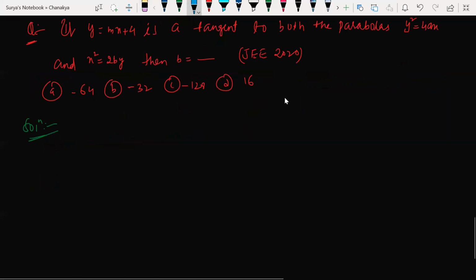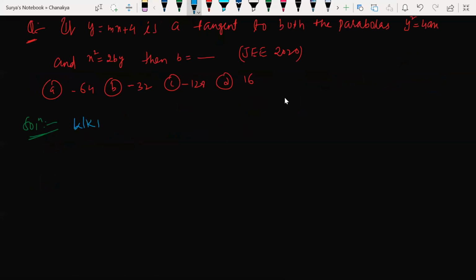Look, we know that he is talking about tangent. The equation of the tangent is what? Just now I told, y = mx + a/m. What is a here? From this I'll be finding out a.